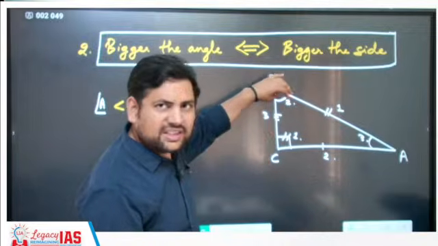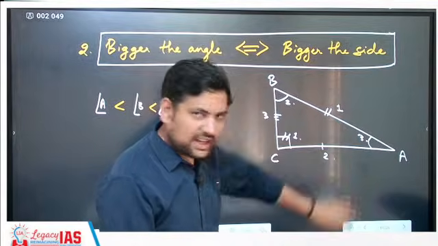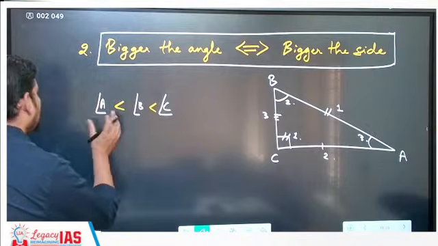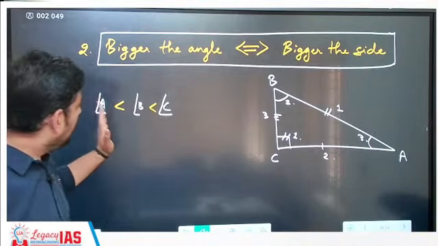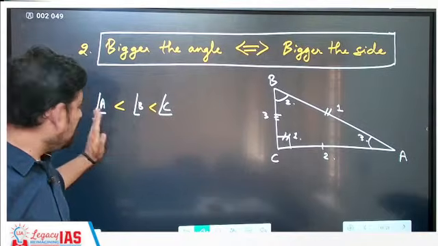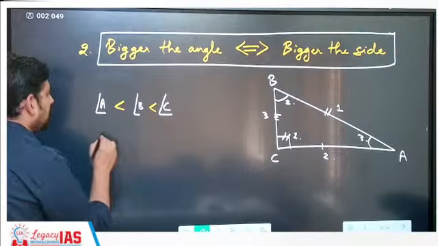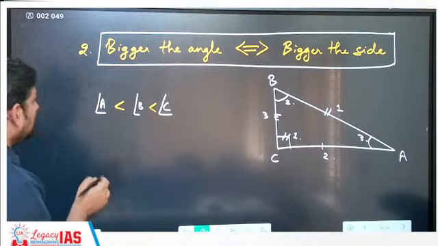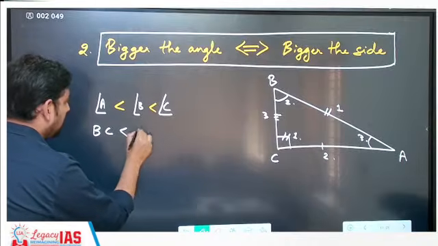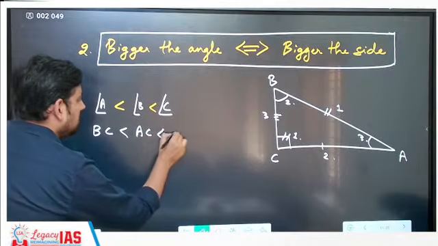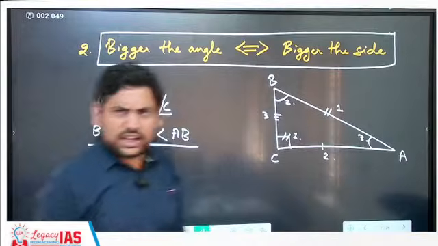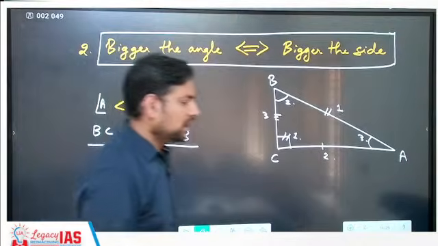B is the second smallest angle, so it has the second largest side, and C is the largest angle, so it has the largest side opposite to it. So the relation is that angle C is the largest, then B, then A, and a similar relation holds for the sides: BC is greater than AC is greater than AB. So this also you have to remember.